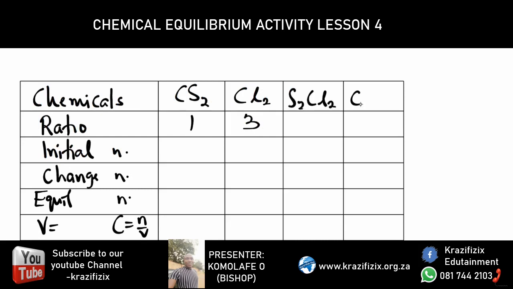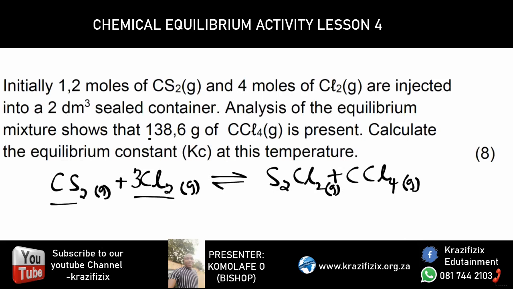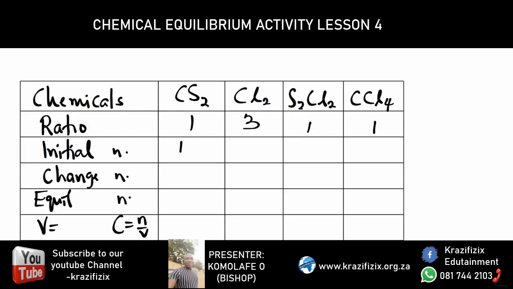Initially we were told that 1,2 moles of CS2 and 4 moles of chlorine gas are present in a 2 dm cube container. Do you remember now that we do not have the product? So it's quite easy to work with now.